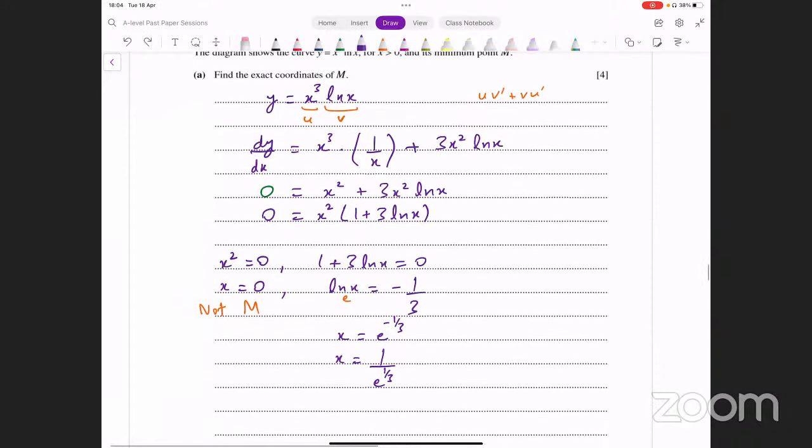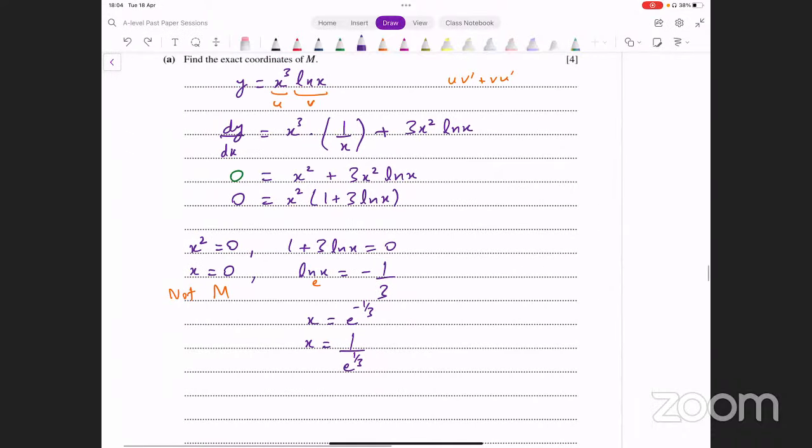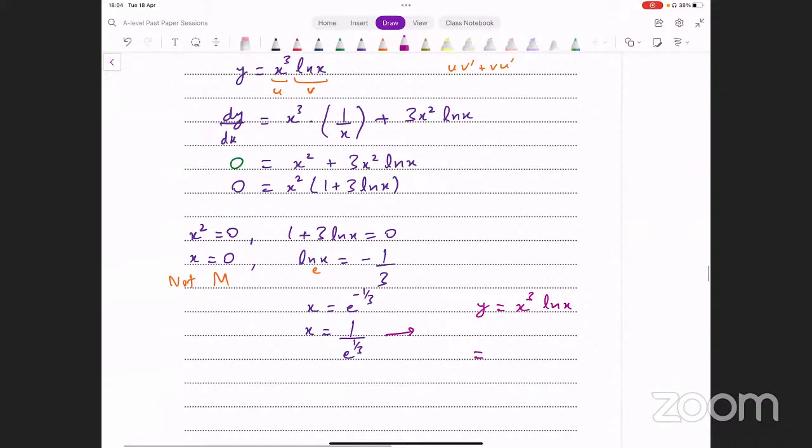Okay, x आ गया, अब y कैसे आएगा, वापस इक्वेशन में इनपुट कर दें, आपको उससे y आ जाएगा। Let's do that। y equals x cube into ln x, that's what you have। इसमें इनपुट कर दें x की वैल्यू, that gives you 1 over e raised to power 1 over 3 whole cube into ln of e raised to power minus 1 over 3.